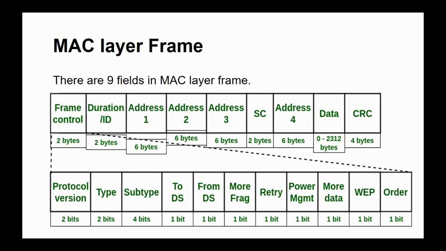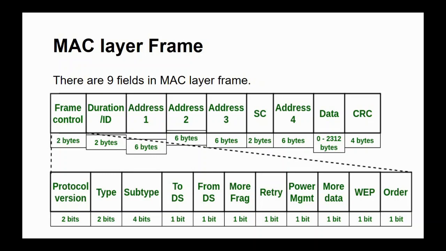There the protocol version and type fields have 2 bits allocated, the subtype has 4 bits, and each of the other sections has 1 bit. And the duration contains the period of time the medium is occupied.